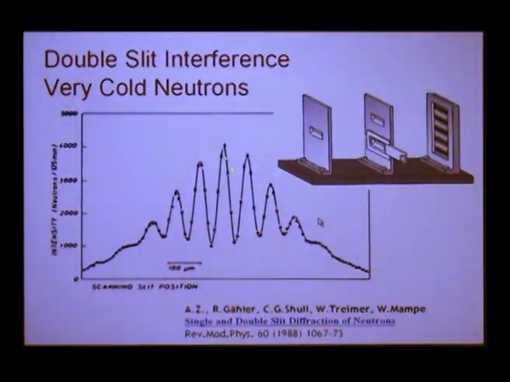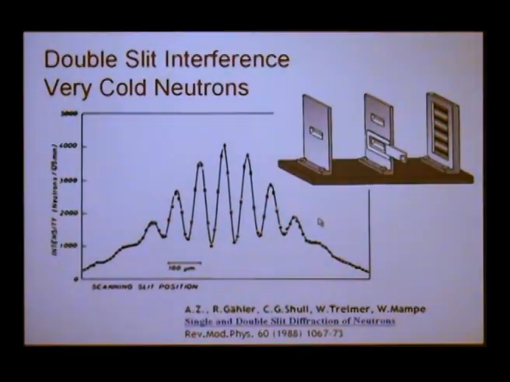Okay? And the fourth point I want to make is the following. This is kind of a joke about the role of the observer in quantum mechanics. When we did this experiment, we had a beam at the reactor in Grenoble at that time, and we wanted to go skiing, but we had 10 days left to do a measurement.